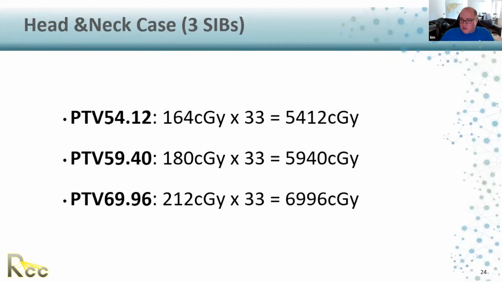Great, thank you. This question just came up. Just SIBs in head and neck, the same process. Would you use the same process for cropping the different level PTVs as you do in head and neck for other sites such as prostate? Okay, excellent question. No, I don't. Usually for head and neck, as I told you, the rule of thumb is 2 grays per 1 millimeter.